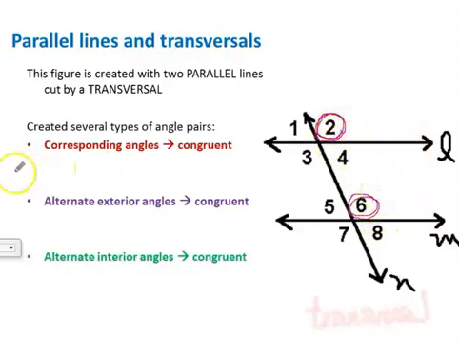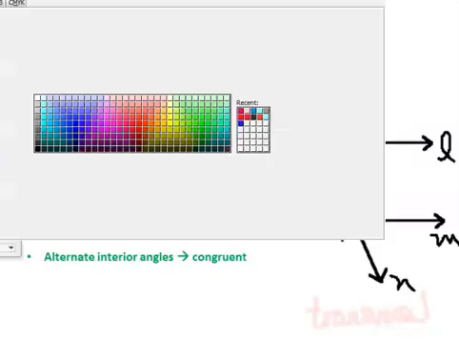They're the same angle. So angles 2 and 6 are an example of corresponding angles. Since they sit on each other, since they're essentially the same angle, they're also congruent. So corresponding angles will always be congruent. Can you name another set of corresponding angles?